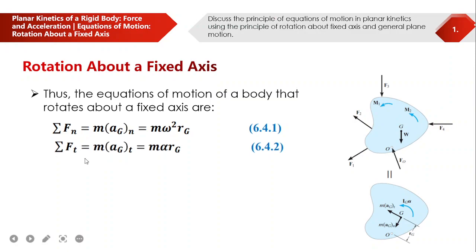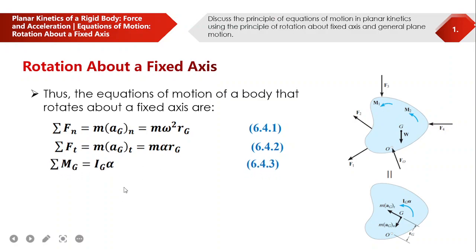For the next equation of motion, the tangential component of the forces is equal to mass times a sub G tangential, which is mass times the angular acceleration times r sub G.